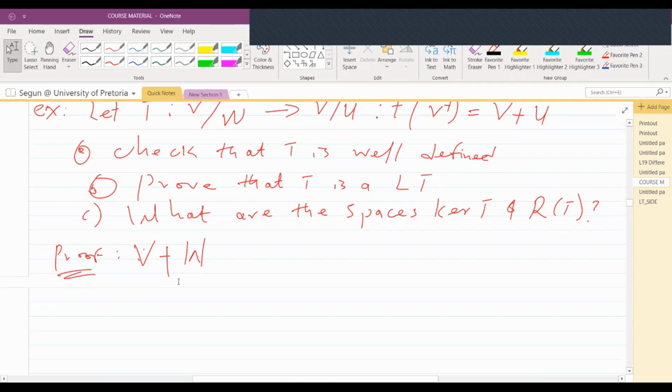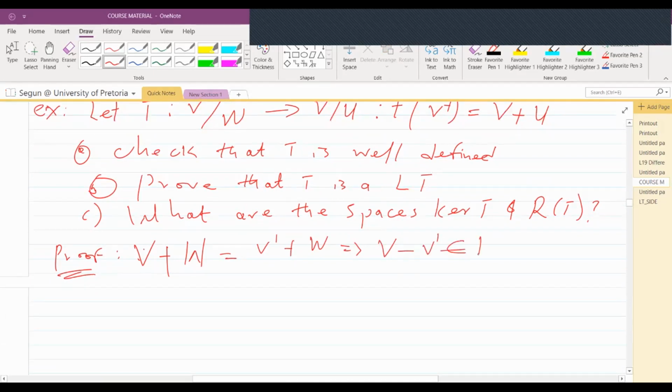Let V plus W be equal to V prime plus W, which implies we have V minus V prime.